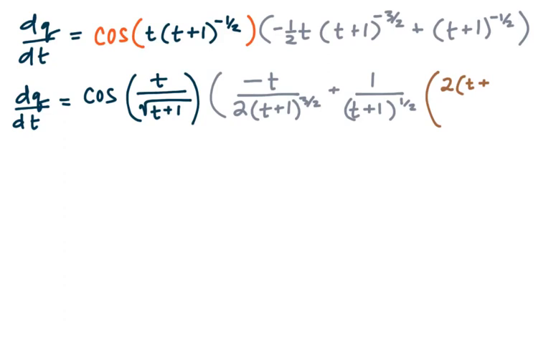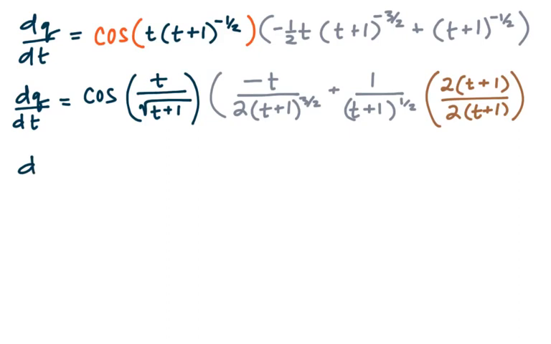I'm just going to multiply it by this, because that will put my 2 in there, and (t+1)^(1/2) times (t+1)^1 is going to give me my 3/2. And then if I have the same denominator, I'll be able to add this all the way across.